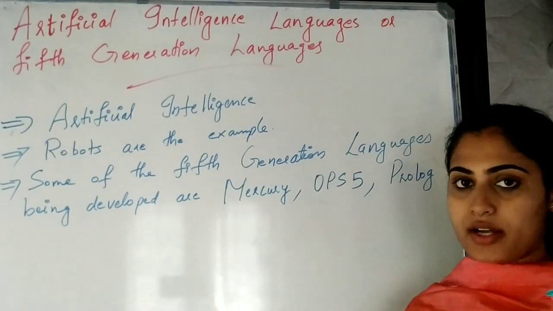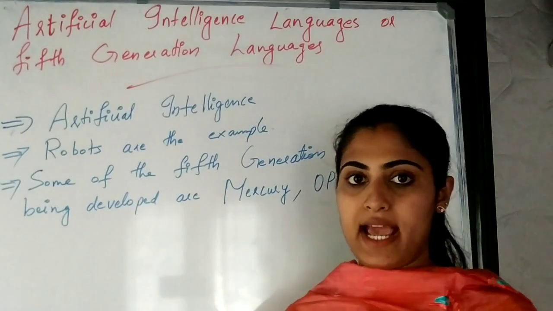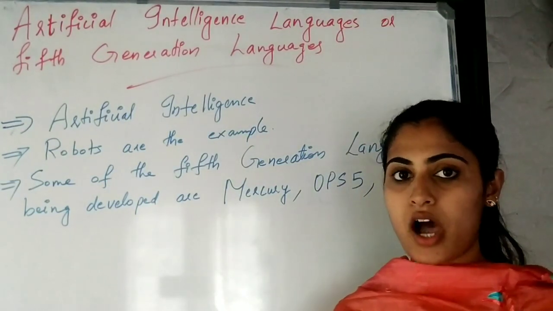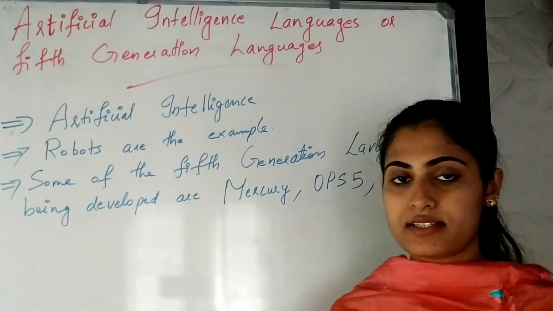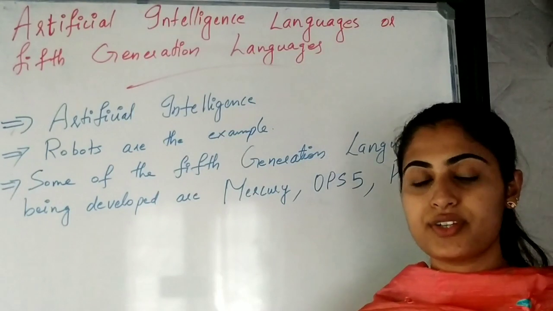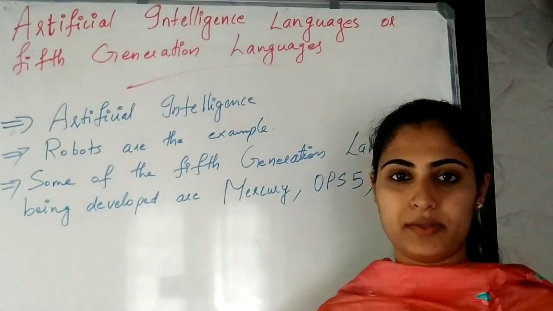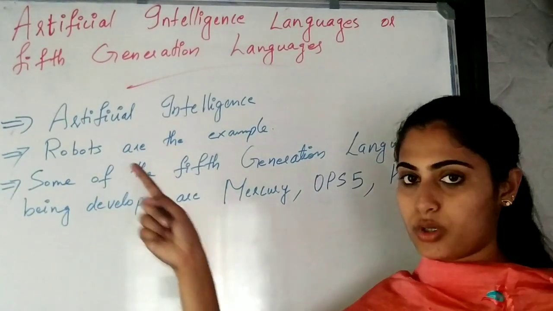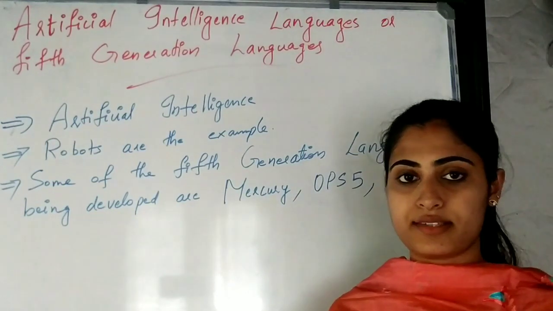Okay, so artificial intelligence languages or fifth generation languages mainly use the technique called artificial intelligence. Artificial intelligence is a technique that helps the machines to think and take decisions like a human being. Okay, and one of the examples is robot. Fifth generation languages are in an experimental stage.